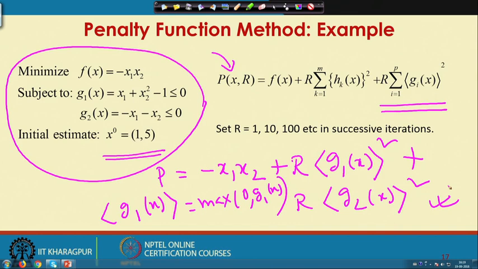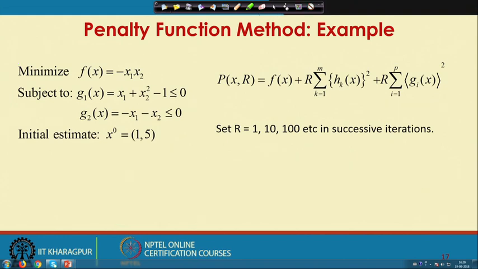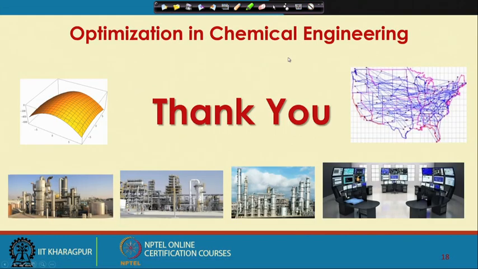Next, you take r equal to 10, again solve, you get solution for x1 and x2. You again consider r equal to 100 and again solve using numerical methods, and then you see that you are slowly approaching the optimum solution for this original constrained nonlinear programming problem. With this, we stop lecture 48 here.